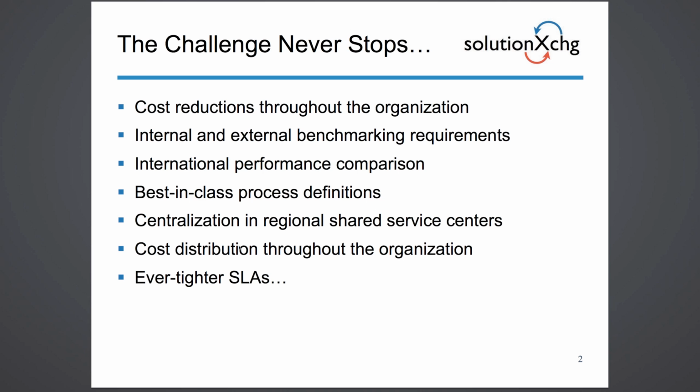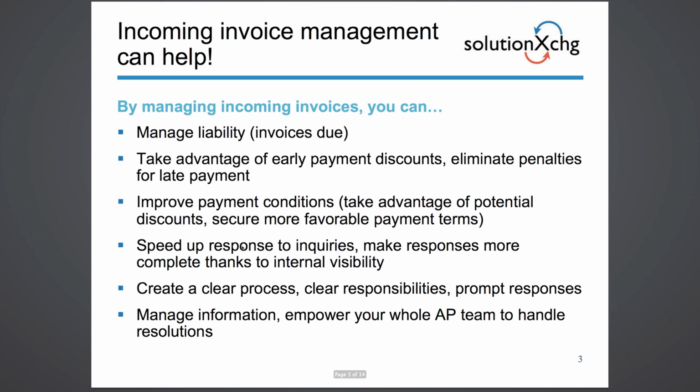And therefore, SLAs for shared service centers get tighter and tighter every year, with individual departments in the organization being less willing to pay a larger share of administrative cost. So how can you improve that?